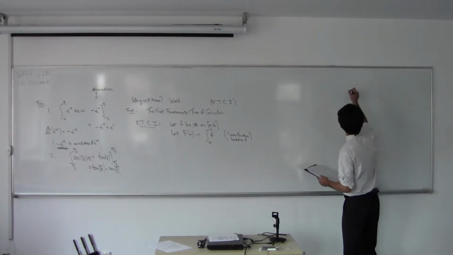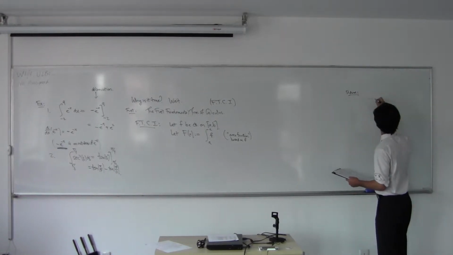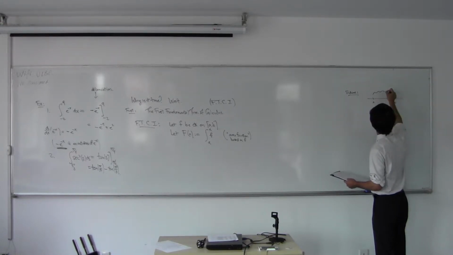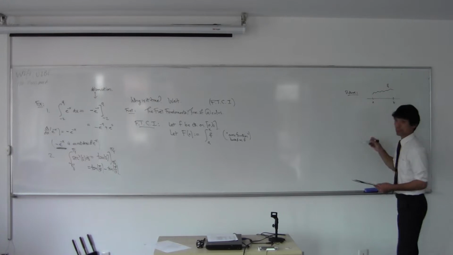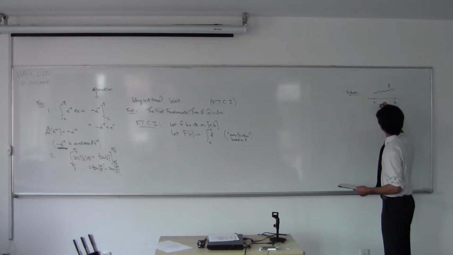So the picture is like this. You have your function little f, and then you make a function big F.